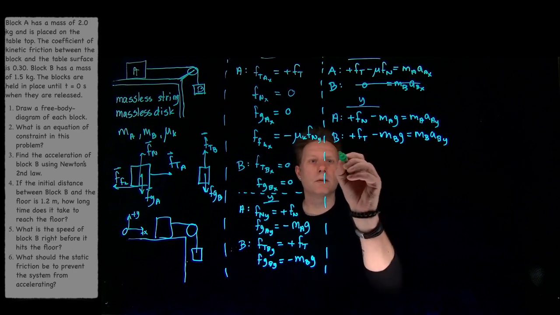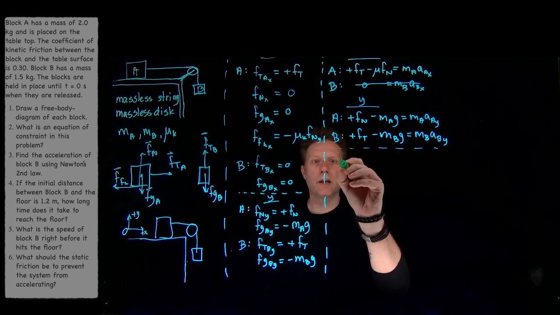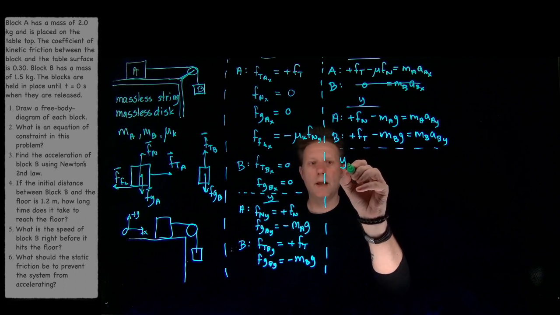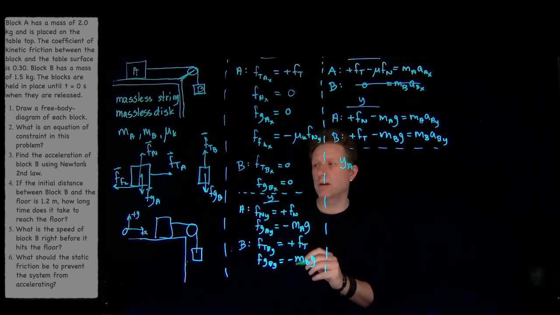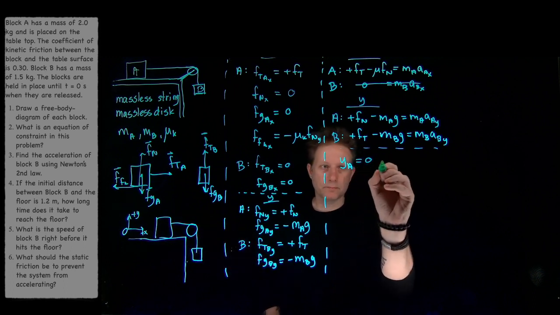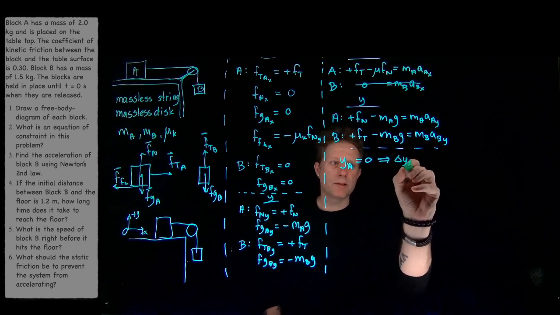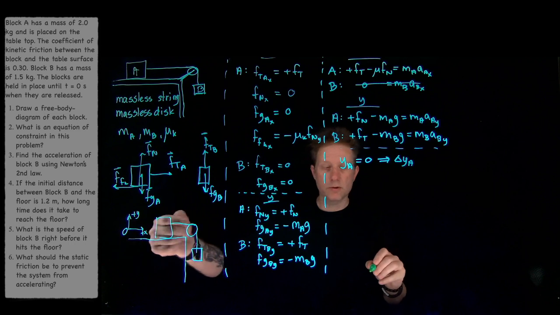So we have one constraint. For example, we know that the y position of box A does not change. In fact, according to our reference frame, the y position will be 0. That implies there's no change in the y position since the box is constrained to move on a horizontal surface.